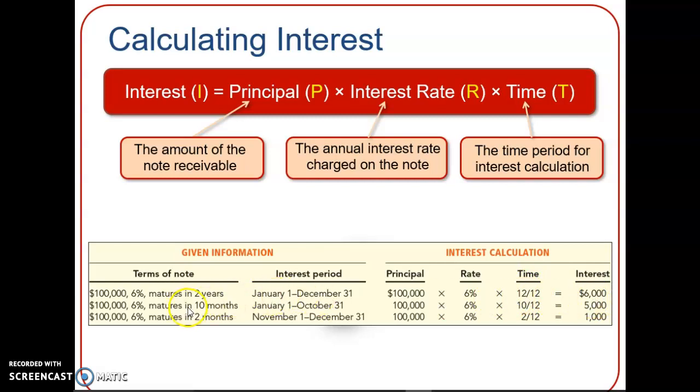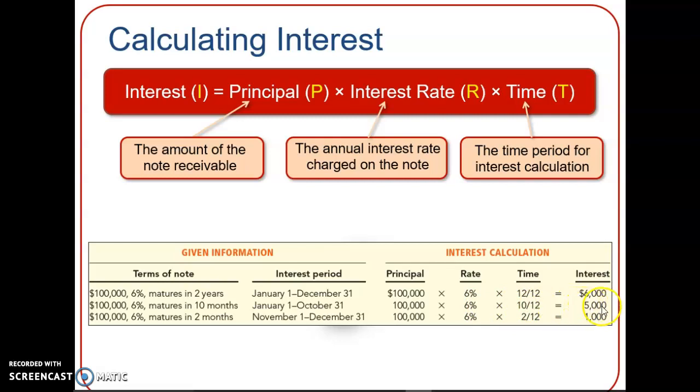In the next example, we have the same principal amount and the same annual interest rate, but it's only 10 months. Again, we have to convert the 10 months into a year. So we have the principal of 10,000, 6% annual rate, and 10 over 12 of a year.